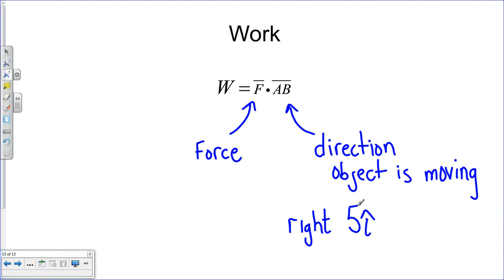So that AB vector is usually very easy because things usually go straight left, straight right, straight up, straight down. So for example, if an object is moving to the right 5 feet or 5 meters, that direction vector is 5I. Okay, so that's it.